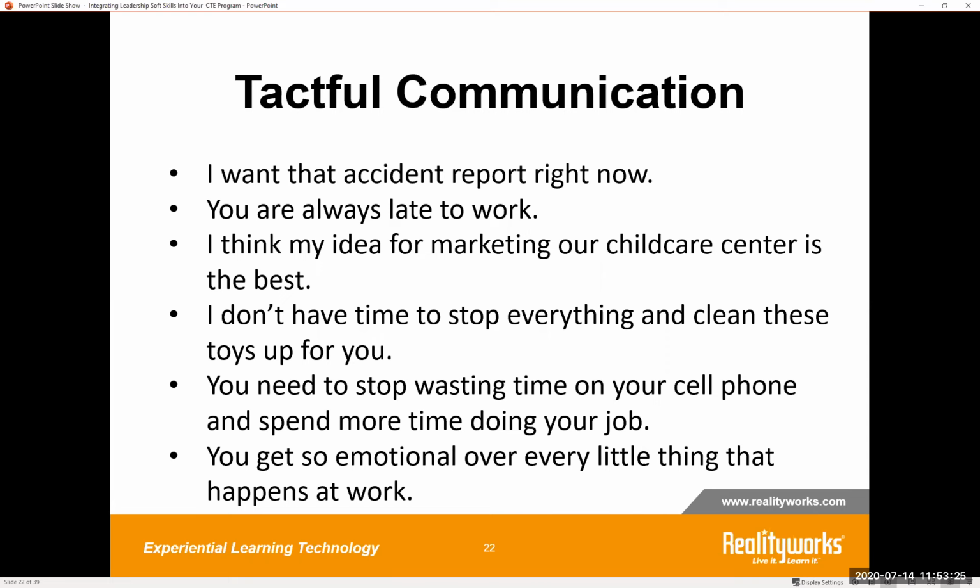So, for example, the first one here, I want that accident report now. Restated with tact could be, could you submit the accident report as soon as possible so that we can brief our insurance company? So you could have your students work through these and put strategies for communicating with tact into practice in a very easy way.